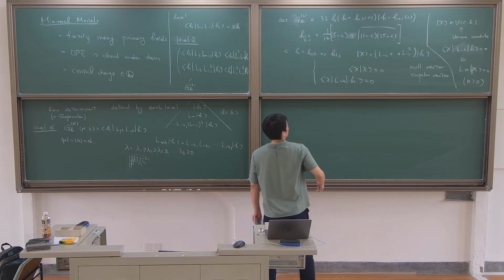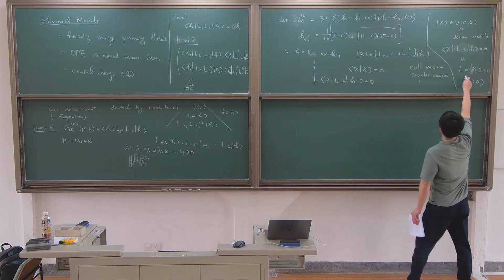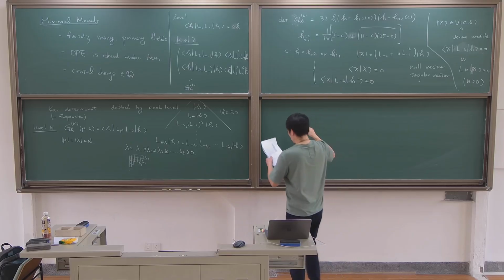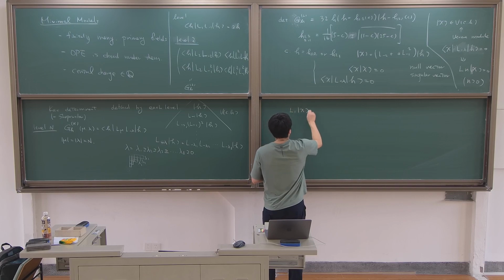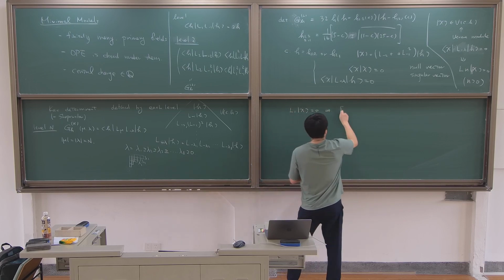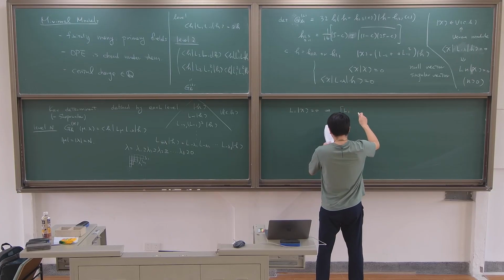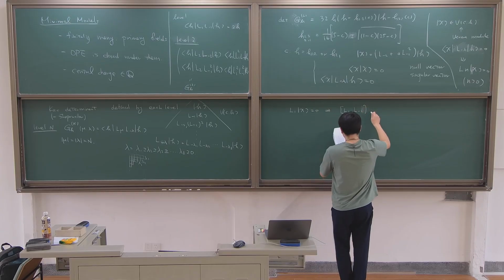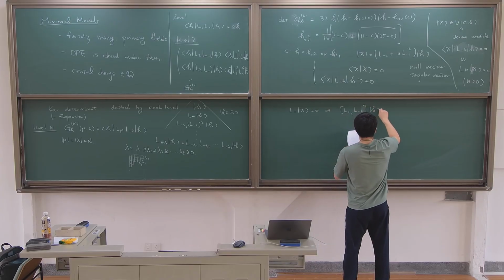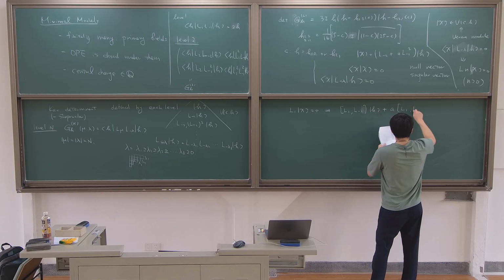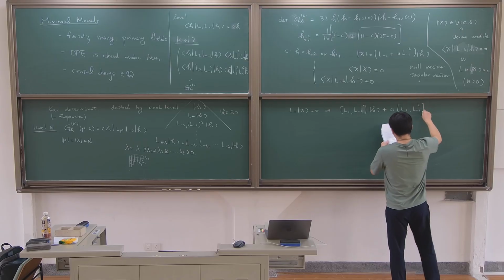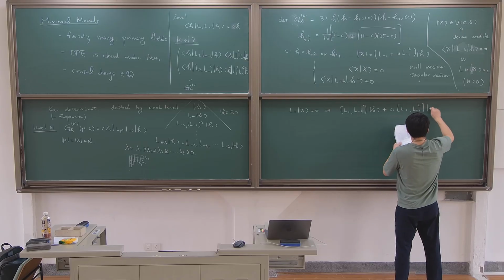And we can use this property, since L_1 chi is equal to 0, to take L_1 acting on a L_{-2} plus b L_{-1} squared acting on |h>.